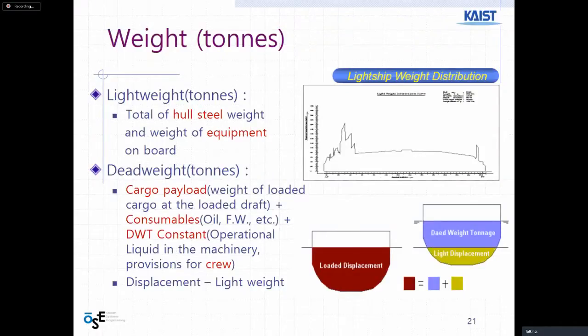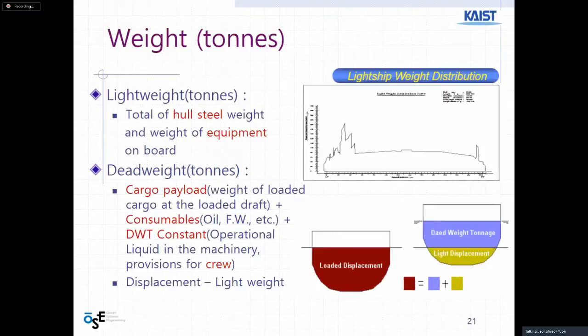Weight. You already know this, right? Lightweight. Total hull steel weight, and equipment also. Right? So it's the weight when the shipyard finishes the ship construction. Lightweight. No cargo. No passengers. Only the ship. So same as when you have your new car just delivered to you, right?